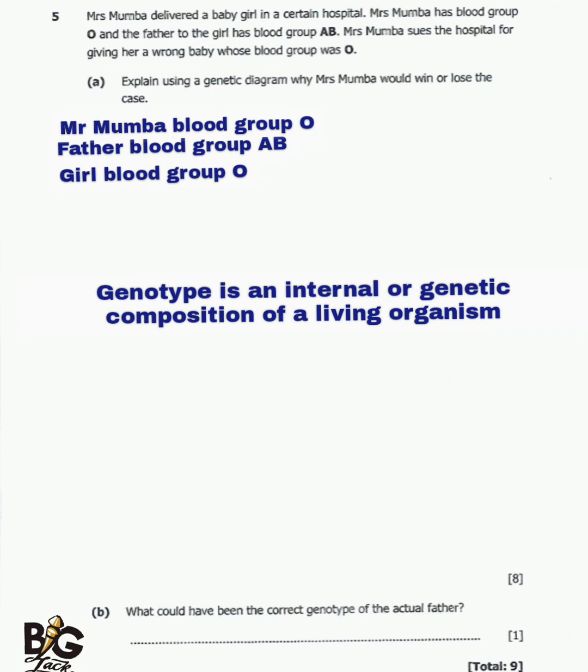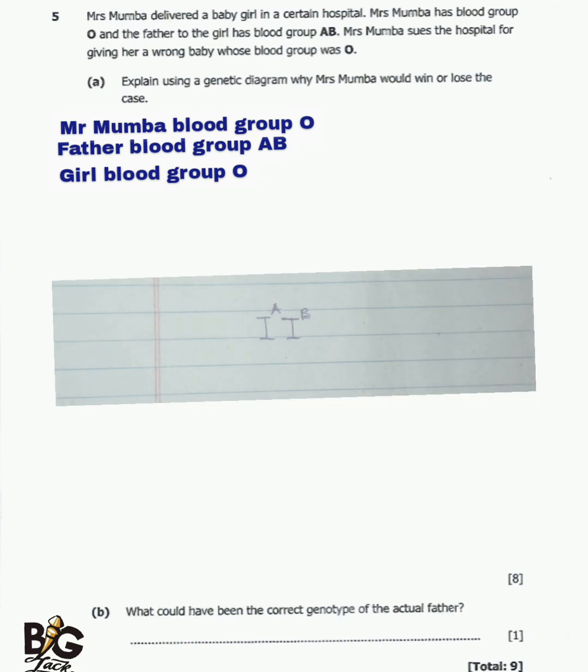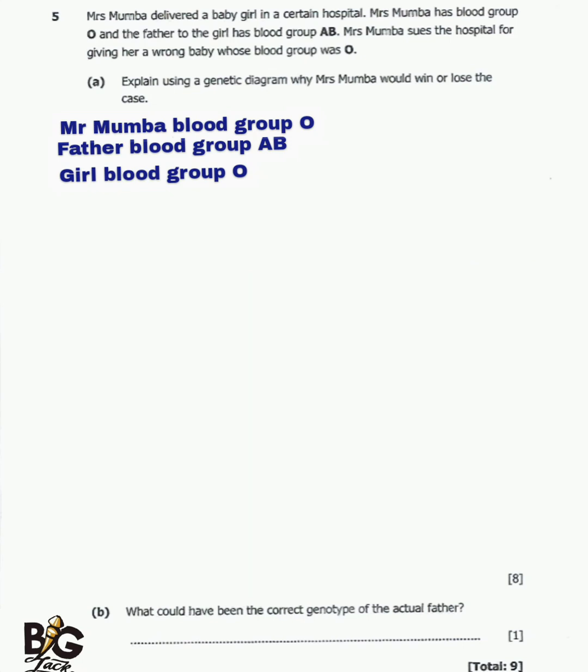For example, the father has blood group AB, but as for the genotype, we say it is blood group AB by using the special allele for blood groups: capital letter I to the power A, capital letter I to the power B. Alleles usually go in pairs.